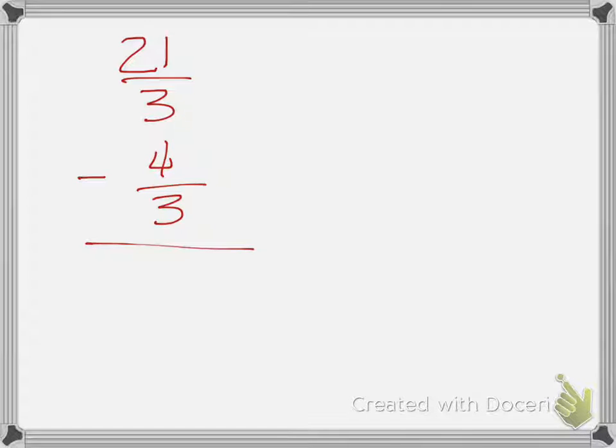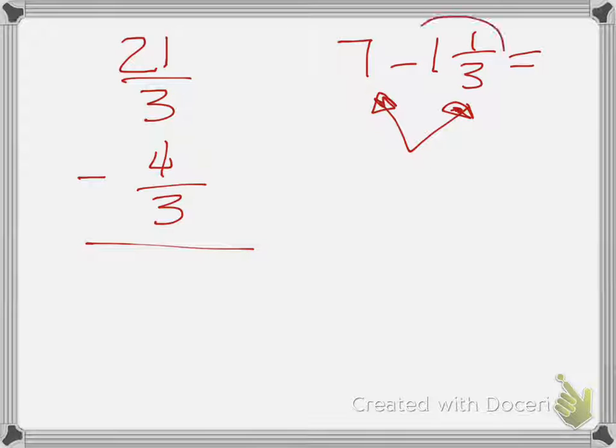So basically what I did was I took the original problem of 7 minus 1 and 1/3. I made both of these fractions an improper fraction. This one here is pretty easy. We know how to do that. 3 times 1 is 3, plus 1 is 4 over 3.